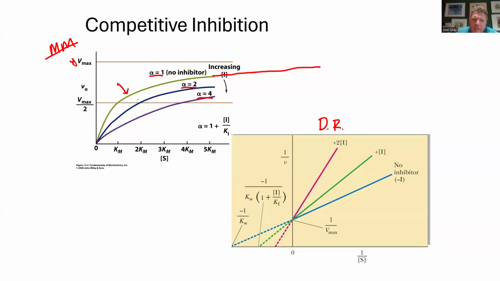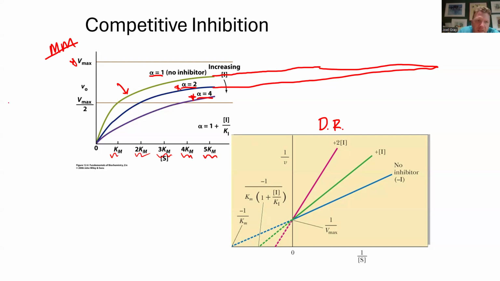Now, let's look at our next line, alpha equals 2. This line's going to increase, and it will eventually get to the exact same Vmax. What's it going to take? It's going to take so much more of your substrate. Increase that substrate concentration into eternity, and you will finally get there. Same with alpha equals 4.